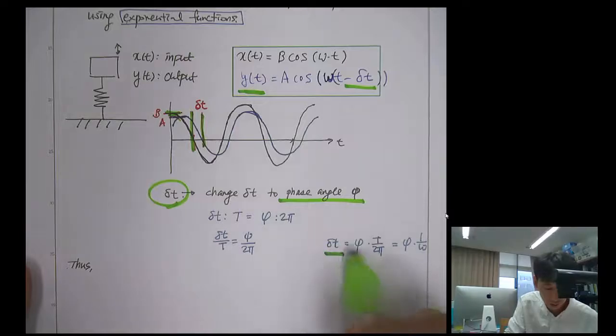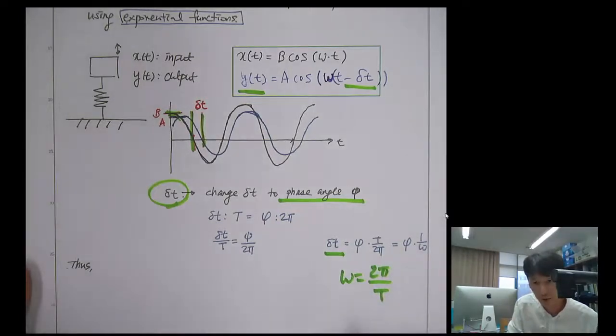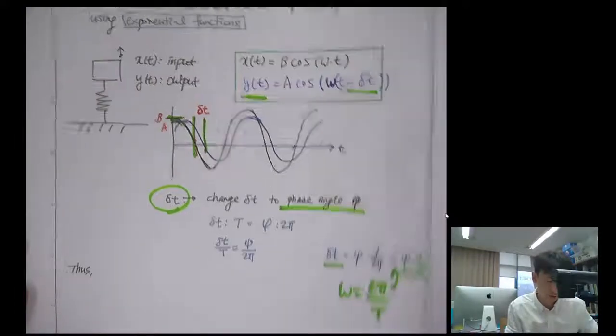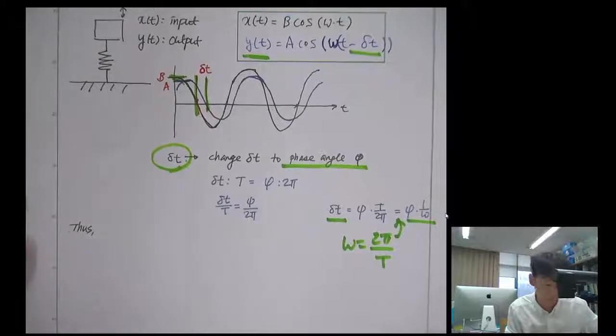Then delta t will be phi times T over 2 pi, and omega is 2 pi over T by definition. So the delta t will be phi times 1 over omega.